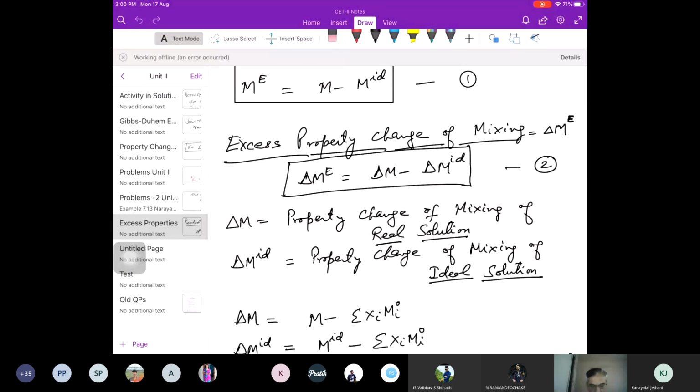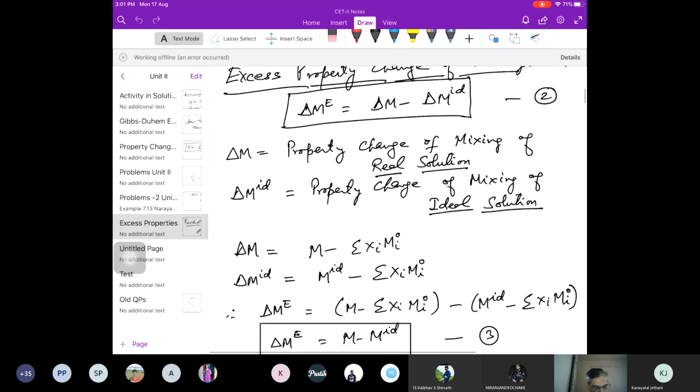Okay. So delta M property change we did, delta G, delta H, delta S for real solutions, right? And then for ideal also हमने देखा था कैसे simplify हो जाता है वो, right? And delta M ideal is property change of mixing of ideal solution. So we're talking about difference between real and ideal solutions now, excess property. ठीक है?